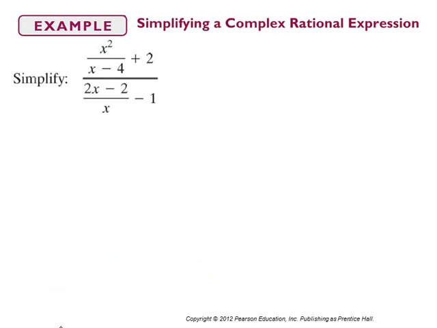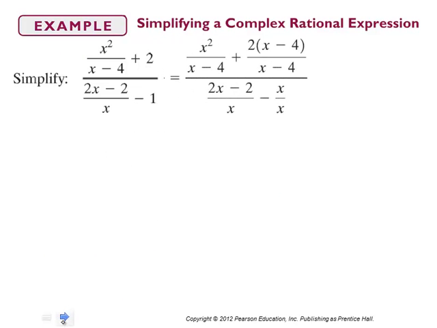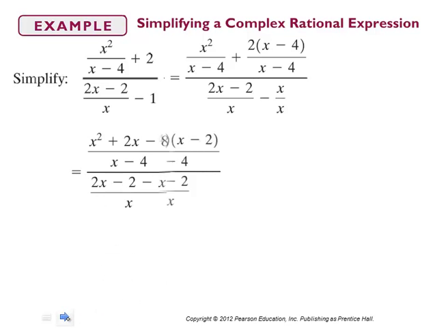All right, here's another example here. We're going to simplify this. Now, if we're going to use the first method, we will add the two expressions in the numerator of the big fraction, and add those two expressions in the denominator as well, so that we have one fraction divided by another fraction, and then we invert and multiply.